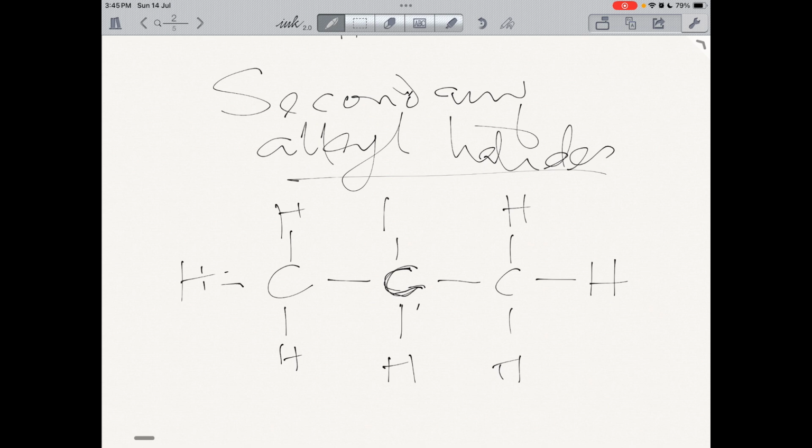So if you have bromine here, for instance, this is a secondary alkyl halide.